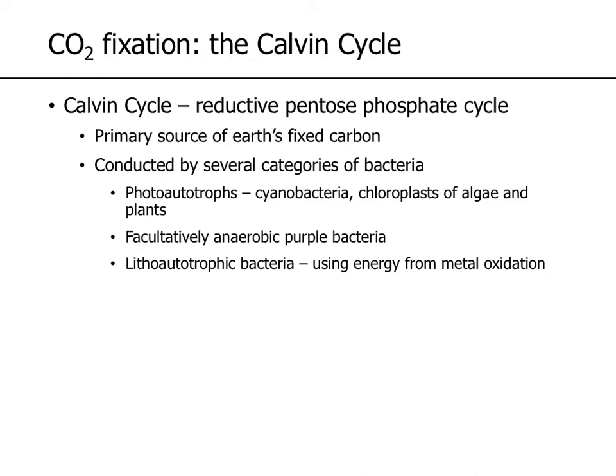It's conducted by several categories of bacteria, including photoautotrophs, being the cyanobacteria, and then chloroplasts of algae and plants. There are facultative anaerobic purple bacteria, and then some lithoautotrophic bacteria that use energy from metal oxidation to do the carbon fixation.